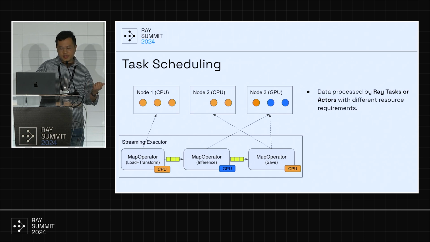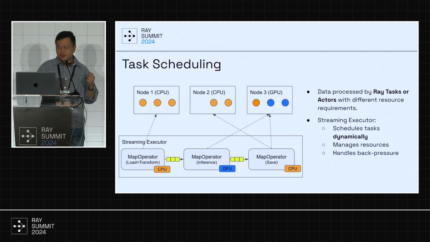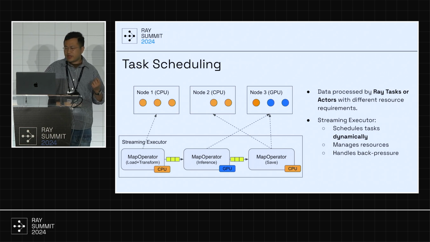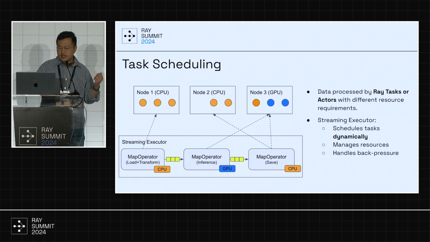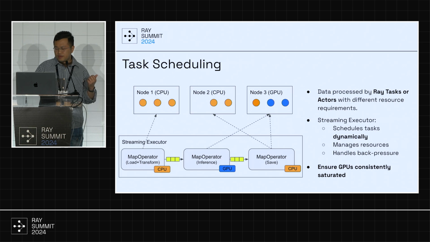Basically, the streaming executor is responsible for scheduling tasks, managing resources, and handling back pressure. One important thing to notice here is that in Ray Data, all the tasks are scheduled dynamically at runtime. By doing so, Ray Data can ensure all the GPU operators are consistently saturated.